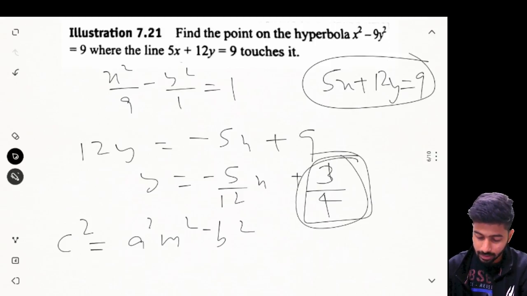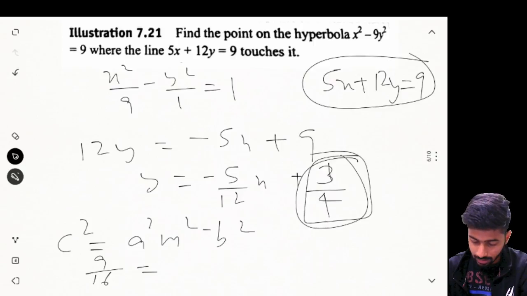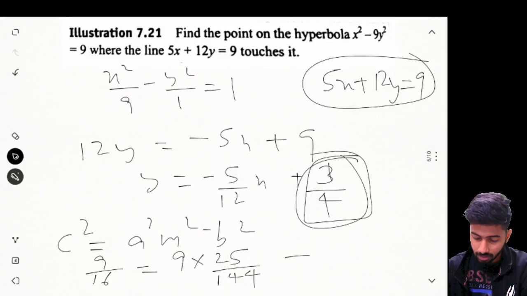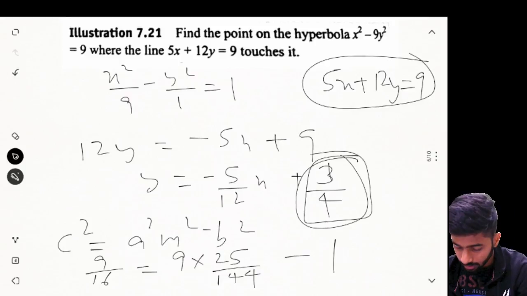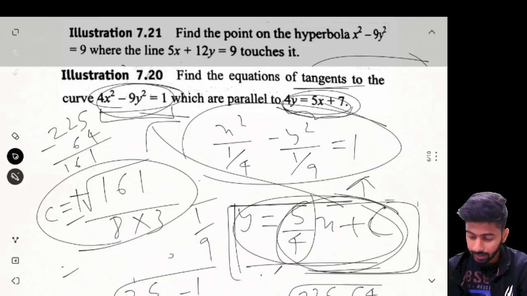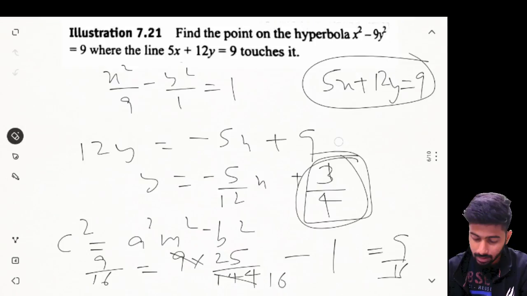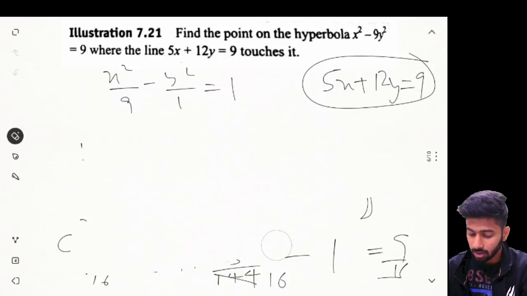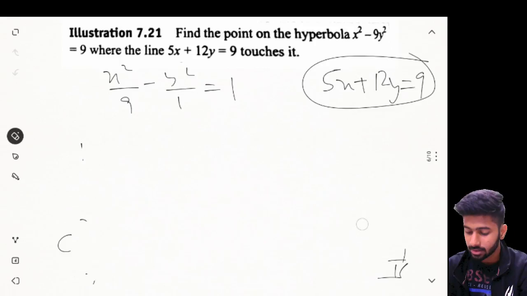The c square is 9 by 16, a square is 9, m square is 25 by 144, minus b square which is 1, so this is 16. 25 minus 16 is 9 by 16, this is 9 by 16, so obviously they are equal, right? That means whatever is given in the question is not wrong. This straight line is indeed a tangent to this curve.